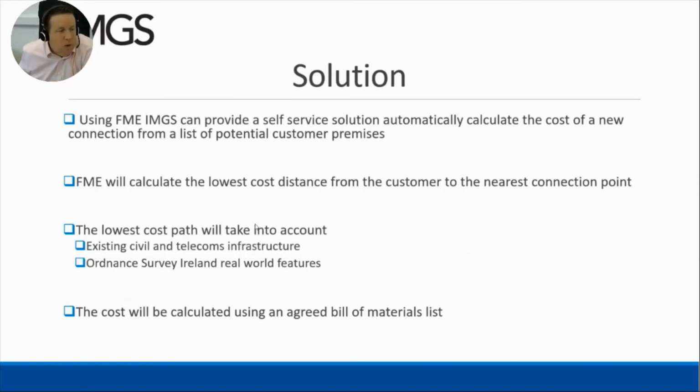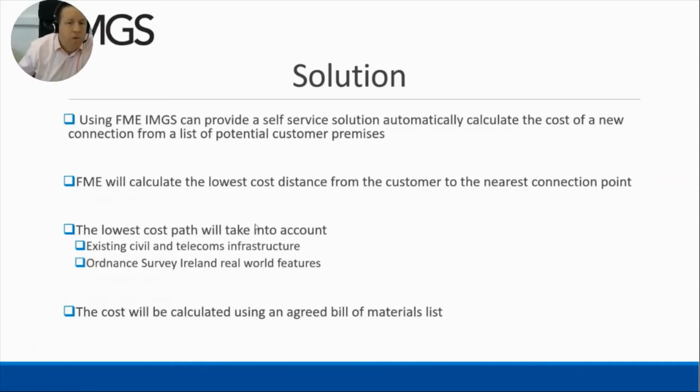So it works out how much of the new network connection can go across existing civil infrastructure, how much maybe has to be dug or overhead, how much has to go around a river or through a marsh or whatever the things are that could be real world, which could have a big impact on the price, and then gives the sales guy or the planner an automated answer to go, okay, this is the cost to build.